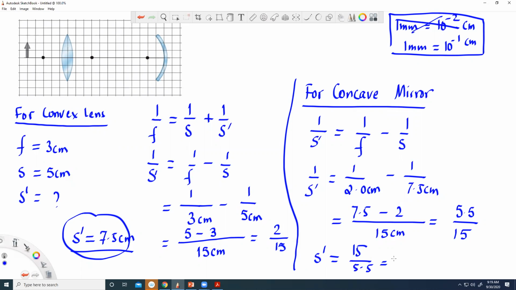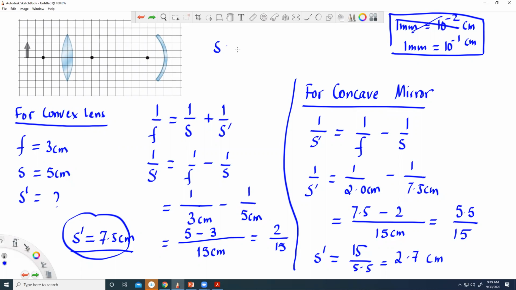It's a little bit less than 3, right? What do you get? 2.7, okay. 2.7 something centimeters, okay? So in our previous calculation, in the ray diagram, we got S to be about, we didn't know exactly how much the distance was, but here we got the exact number.